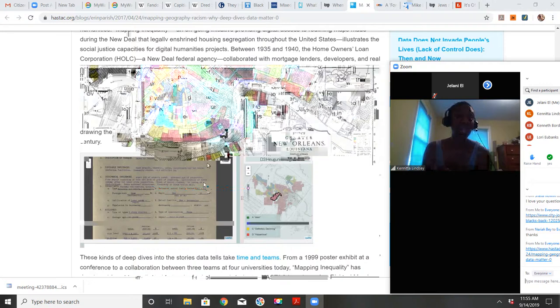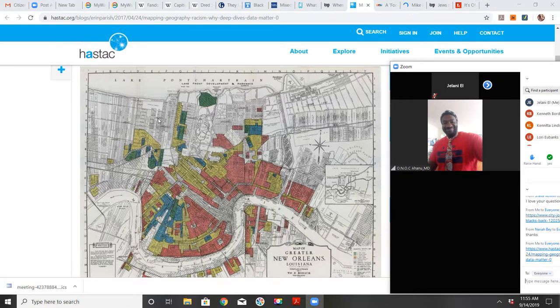This is what I need you guys to understand too. Here we are in DC where we're gentrifying and people are resisting gentrification, but they don't want white people to move into their neighborhood. But the interesting thing about the way gentrification is working is that when white citizens come into your neighborhood, they bring value. Back during redlining and Jim Crow, because blacks weren't citizens, they devalued neighborhoods if they moved in.